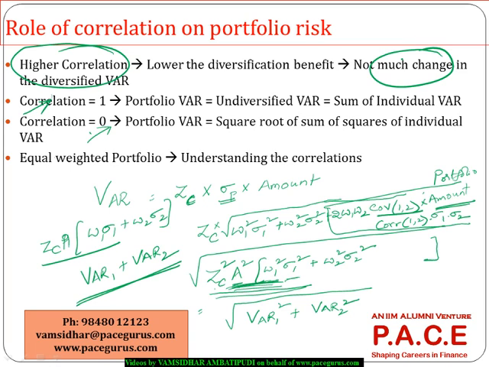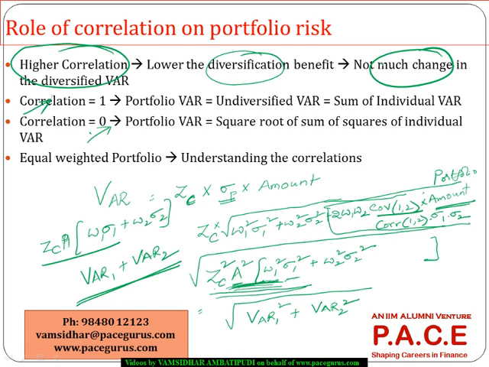So the diversification benefit is lesser if the correlation is higher and vice versa. That means even the change in the diversified value at risk will be much lesser if the correlation between the securities is much higher.